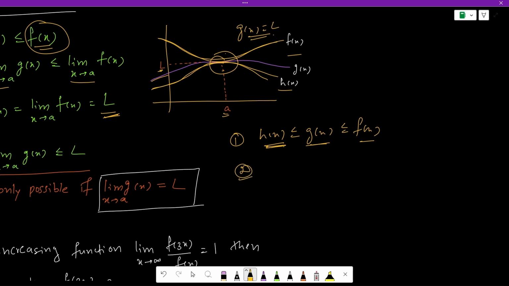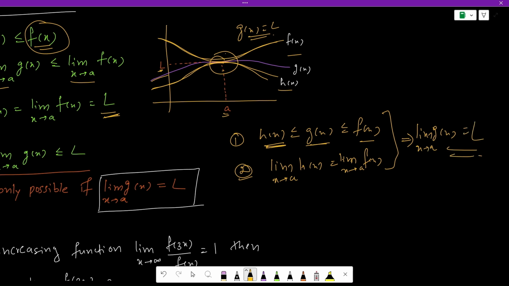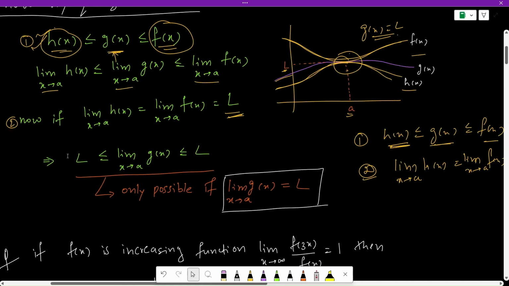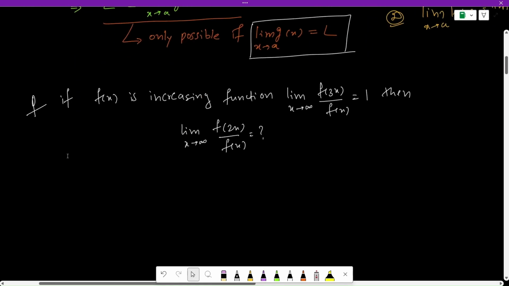The second condition is they both be such that the limit as x tends to some a of h(x) should be equal to the limit as x tends to a of f(x). And if these two conditions hold, then what we can say is that the limit as x tends to a of g(x) is also equal to L. Right, now let's see a question on this.